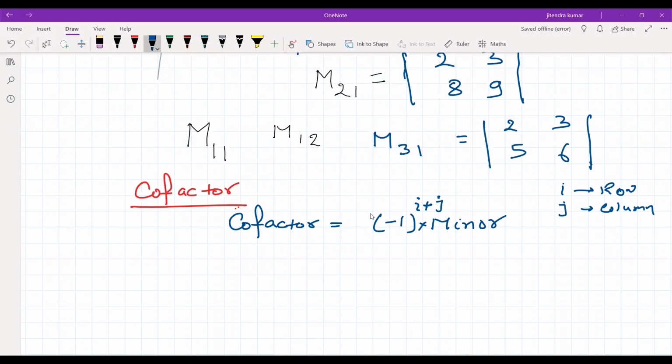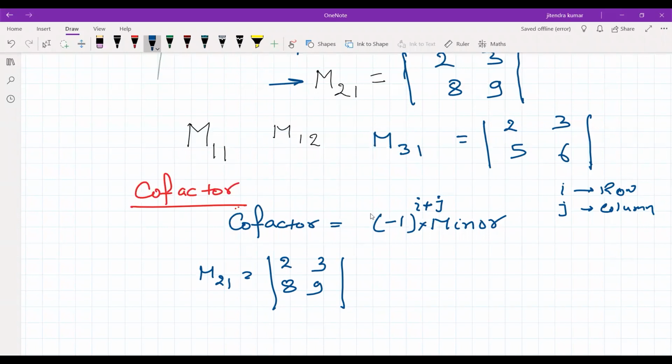So it is just equal to the minor, but the negative sign will come sometimes, and sometimes it will be positive. Like if we're talking about M21, we already have M21 here. So M21 is the determinant 2, 3, 8, 9.